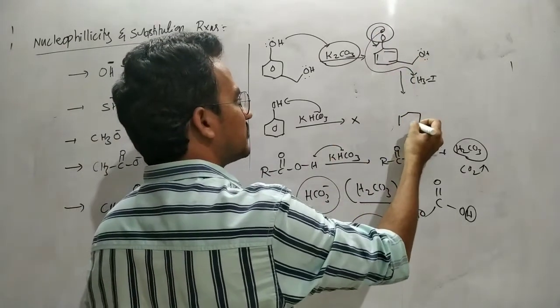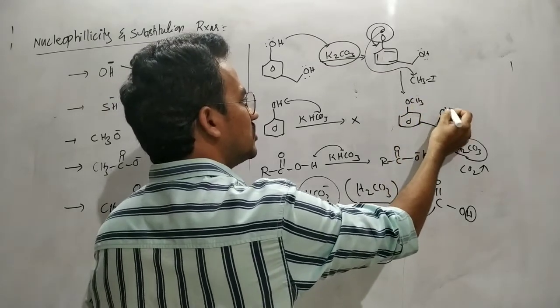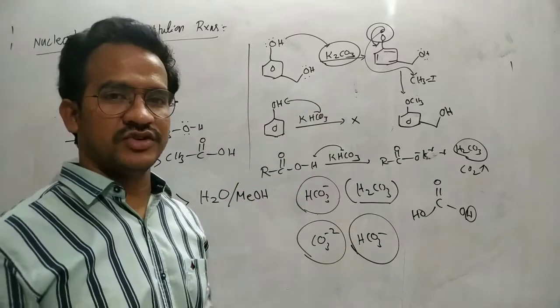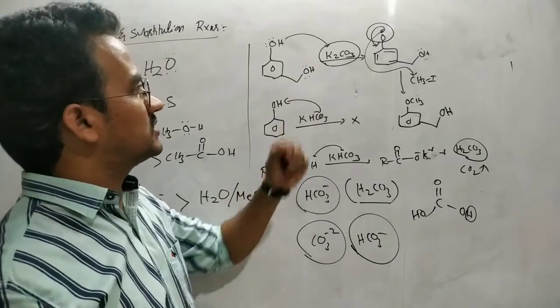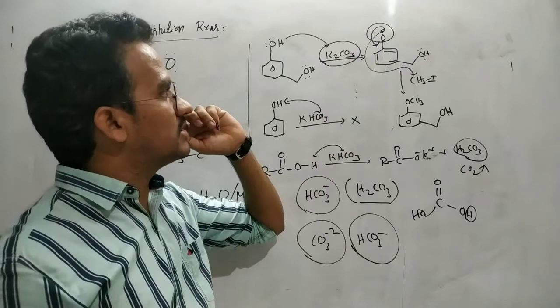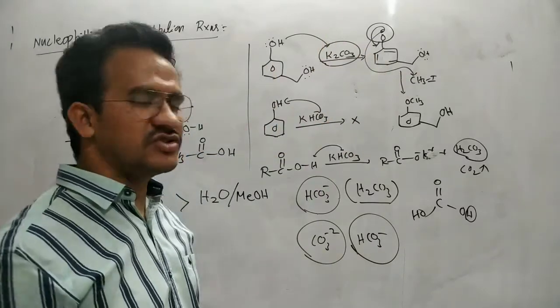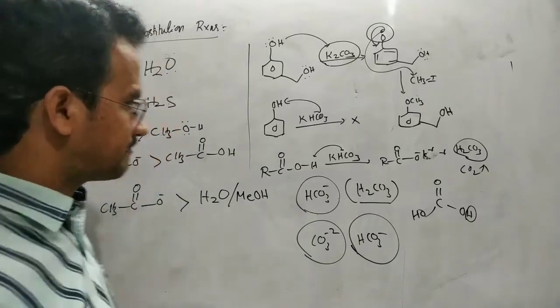So the final product is OCH3 and CH2OH. This was a previous JEE Main question. First an acid-base reaction produces the charged nucleophile, and the charged nucleophile attacks the methyl iodide because charged nucleophiles are more reactive.